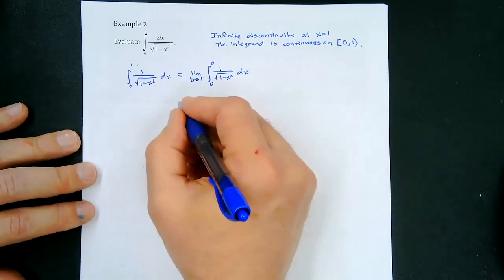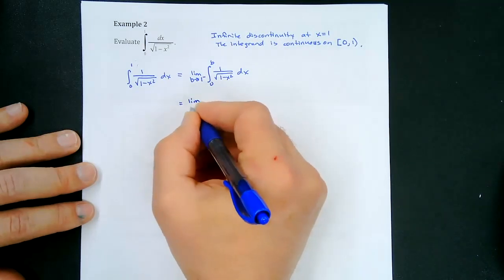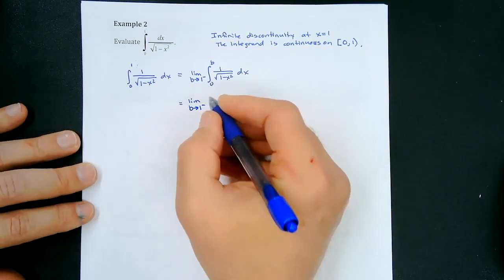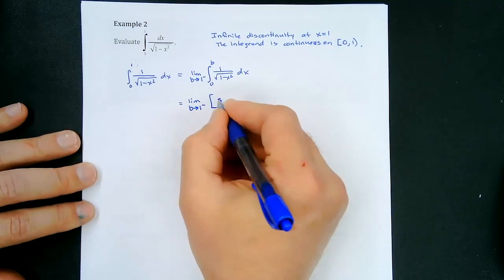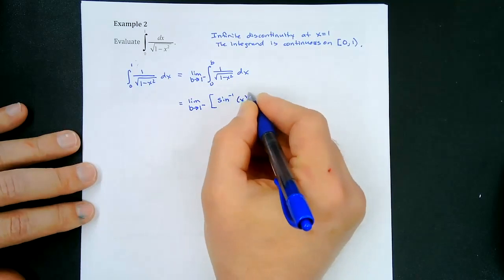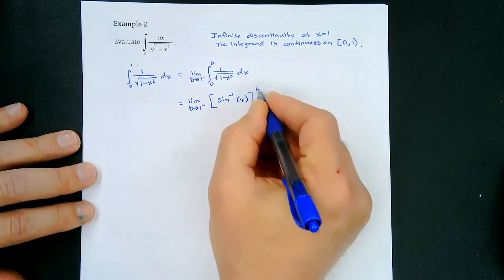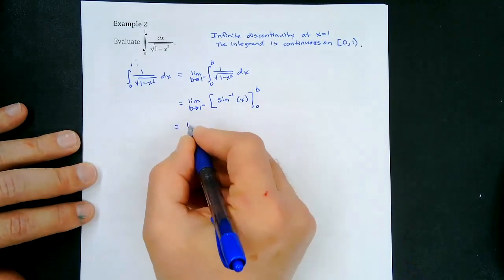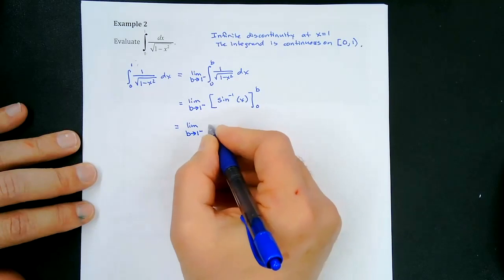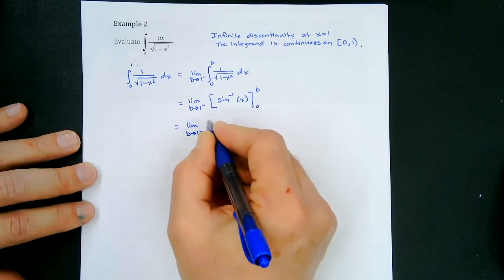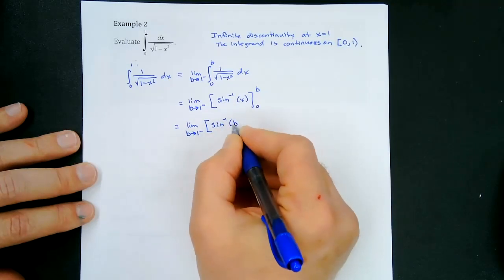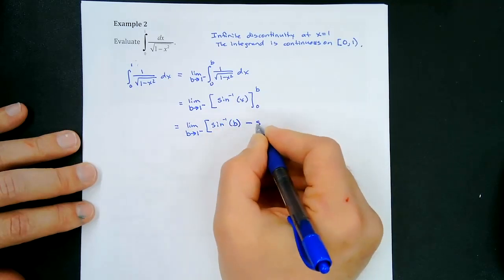So this winds up being the limit as b approaches 1 from the left of sine inverse, or arc sine, of x evaluated from 0 to b. So that would simply be the limit as b approaches 1 from the left of sine inverse of b, and then minus sine inverse of 0.